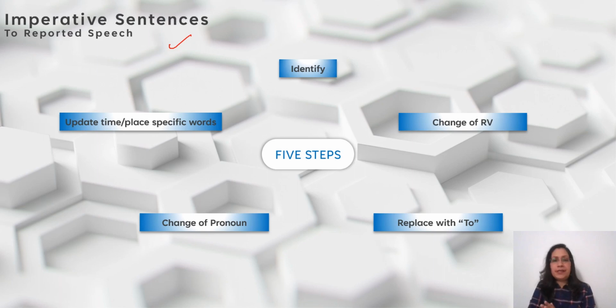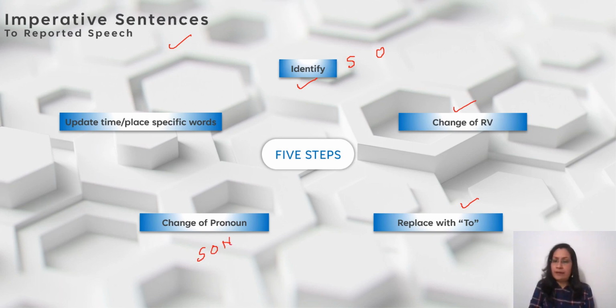So the first step is identification of subject and object. Then we have to change the reporting verb. We need to replace the quotation marks with "to". And we need to change the pronoun using the SON formula, which we have earlier discussed in our previous slides.